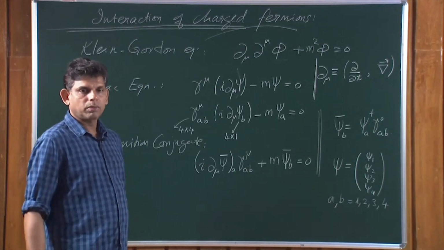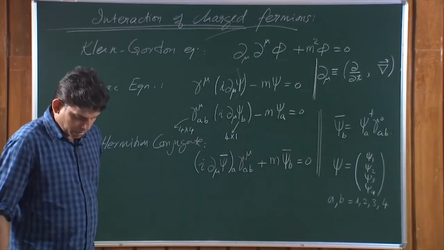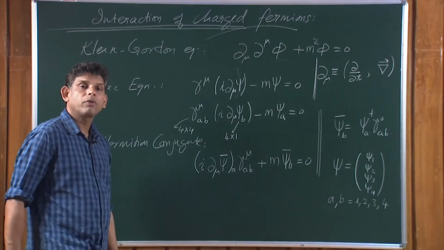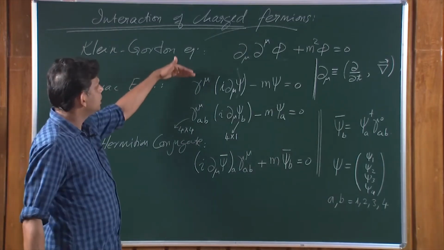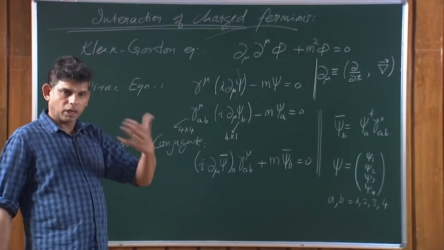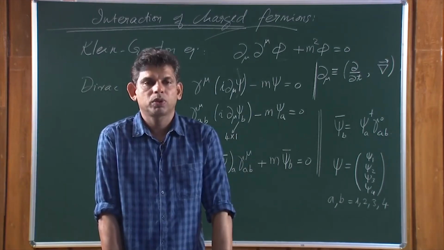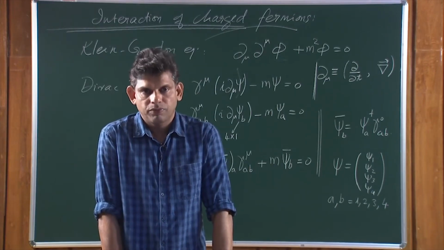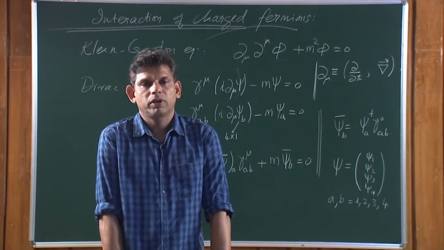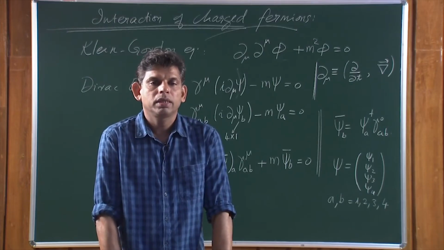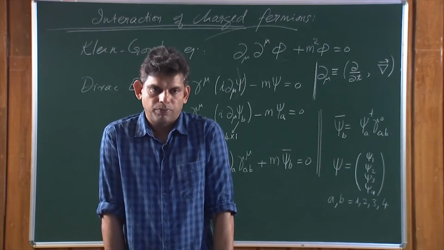So, just to give in a very short way what is the difference between these two, without going into any details, let me introduce another word, field. Field and wave function I will use interchangeably, somewhat loosely.